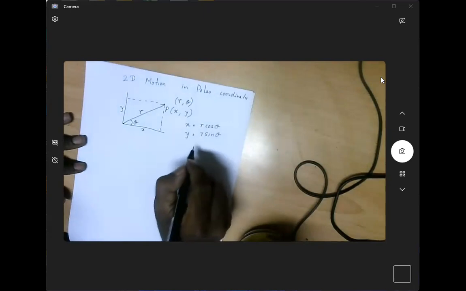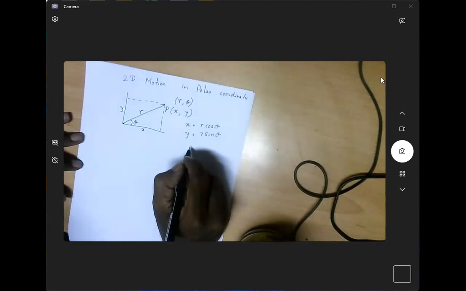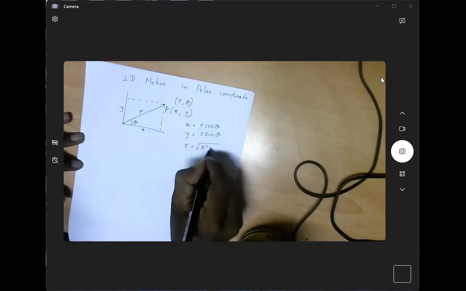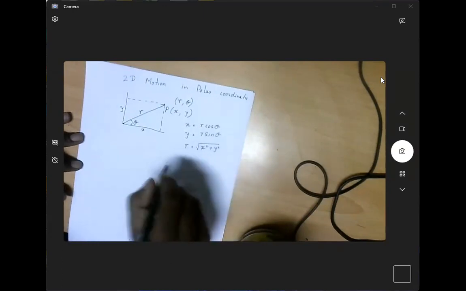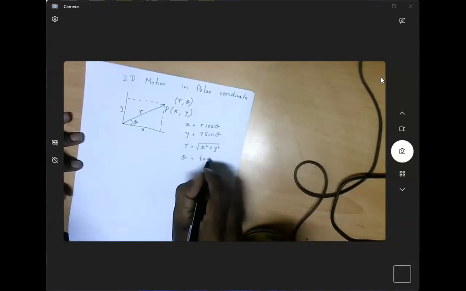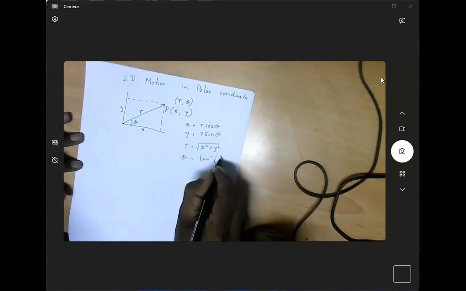And we can find theta as what? r is the square root of x squared plus y squared, and theta is tan inverse y over x.